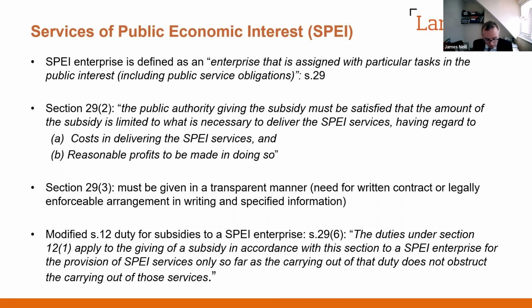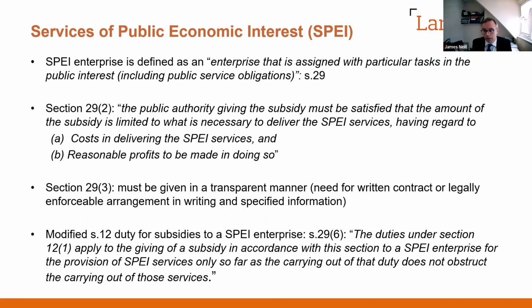So that when assistance is intended to give a subsidy to an SPEI enterprise, there is a specific duty under section 29 of the Act. The public authority giving the subsidy must be satisfied that the amount of subsidy is limited to what is necessary to deliver the SPEI services, having regard to the costs and reasonable profits to be made in doing so.